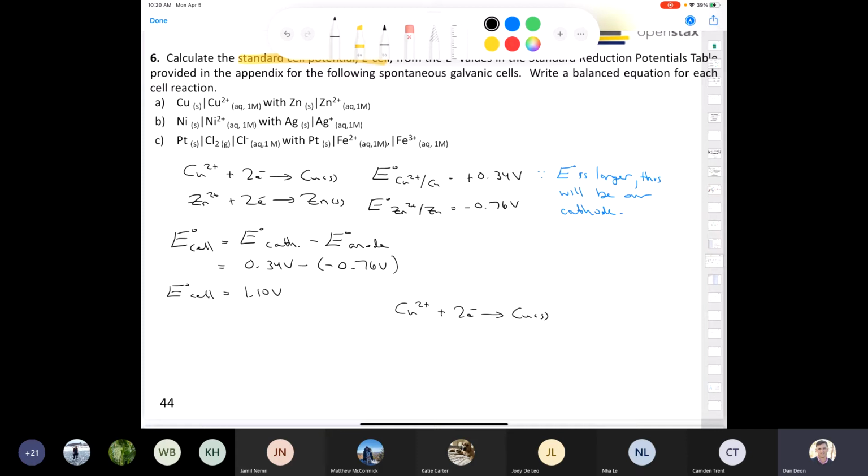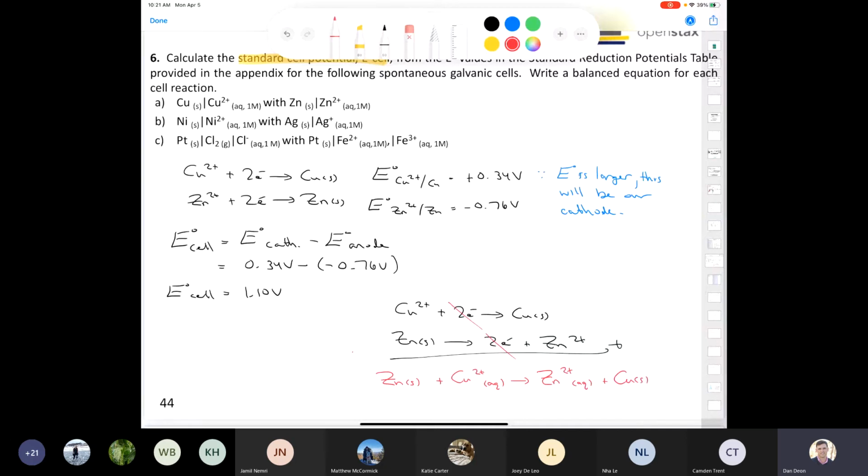Our oxidation is going to be the reverse, and then we're going to add those two together. The electrons are going to cancel, and we end up with our balanced equation, which is zinc in the solid phase plus copper 2 ions in the aqueous phase produces zinc ions plus solid copper, like that.